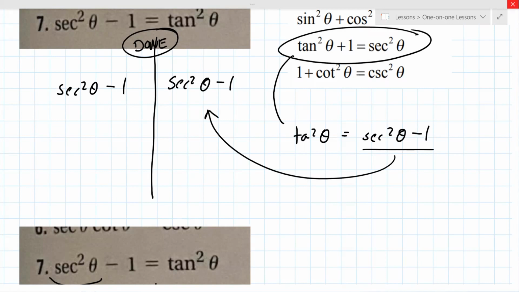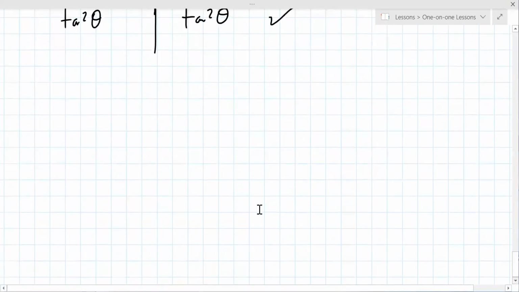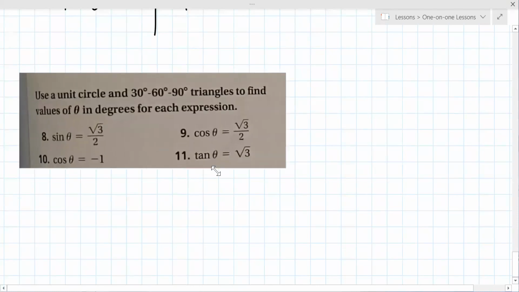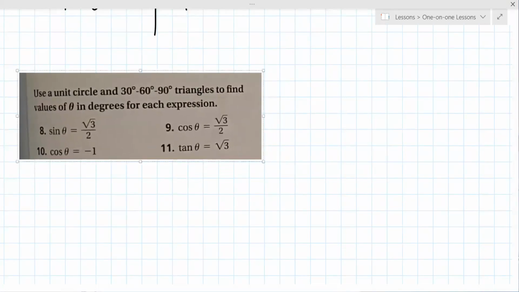So questions 8 through 11 refer to a 30, 60, 90 triangle. So we're going to draw that triangle. Actually, I'm going to grab a reference sheet and use that one.